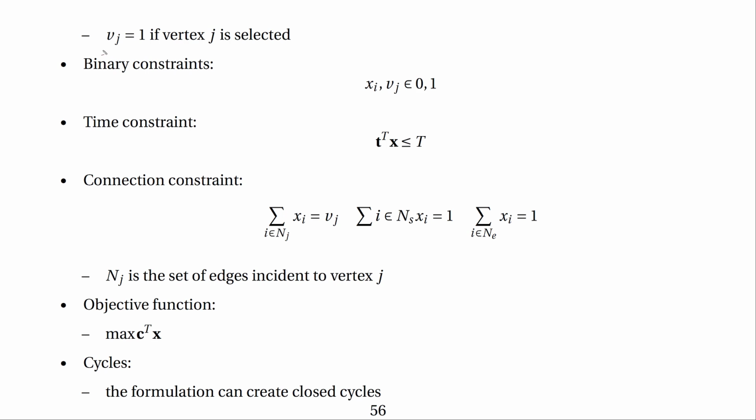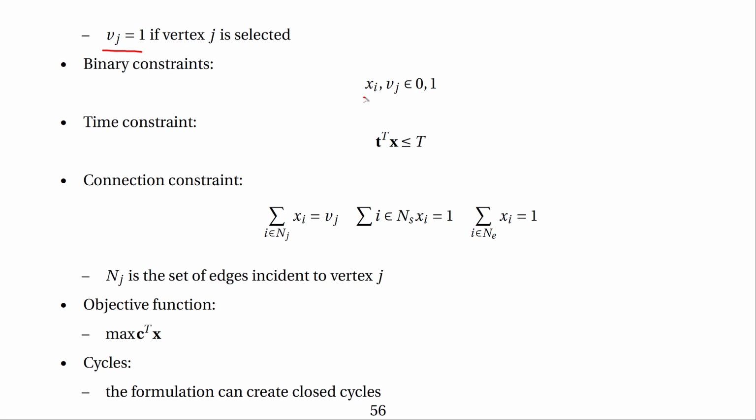But also in this formulation we need variables Vj to denote if a vertex j is selected or not. These auxiliary variables will help us formulate the problem.